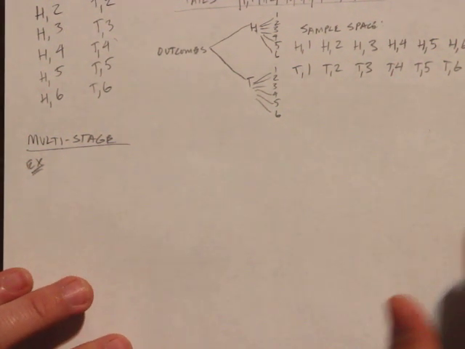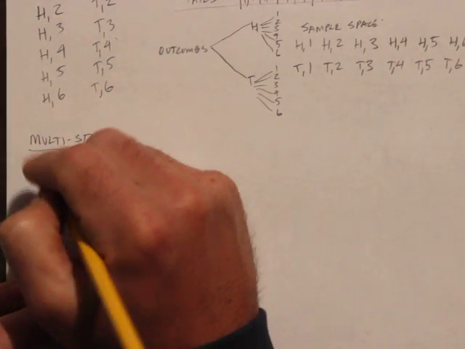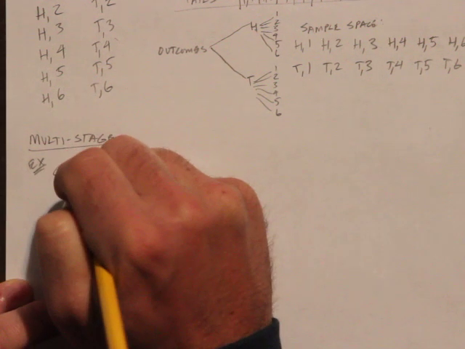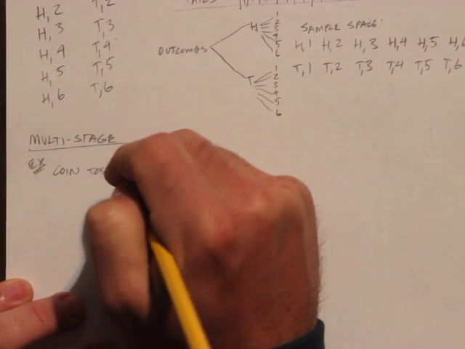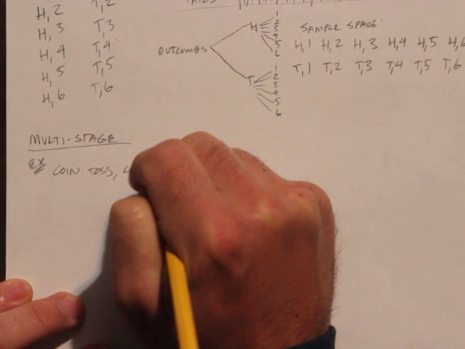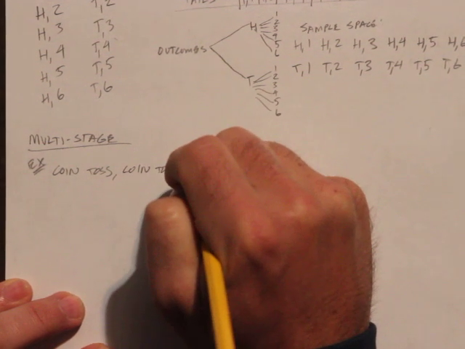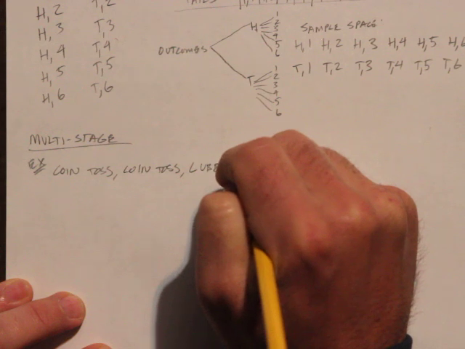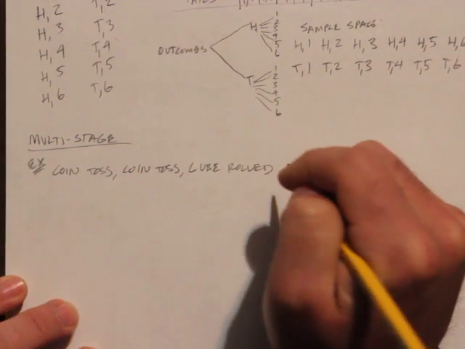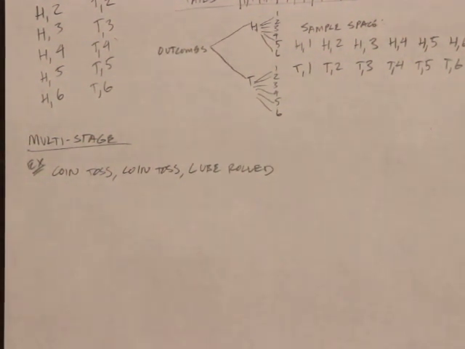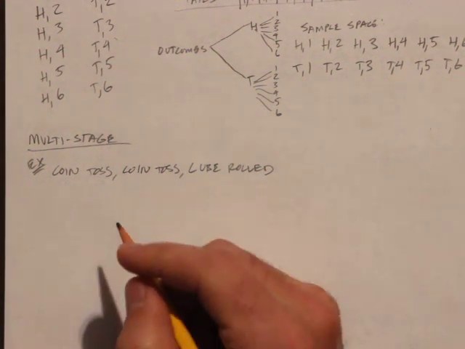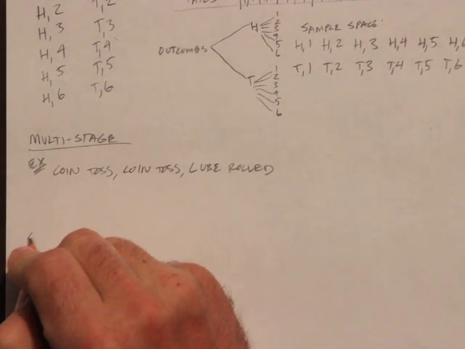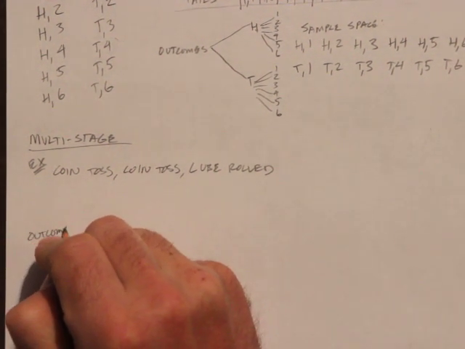And this is going to be a coin toss, then another coin toss, then a number cube rolled. Okay, so for this one, we're just going to do the tree diagram. So we're going to do it on its side again, outcomes.